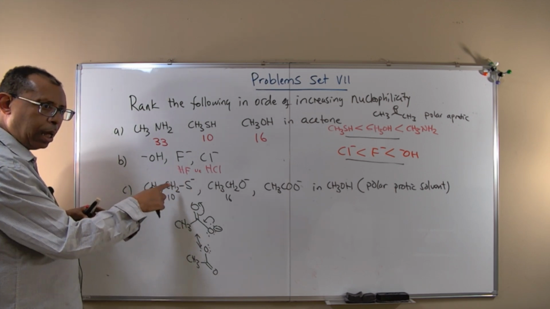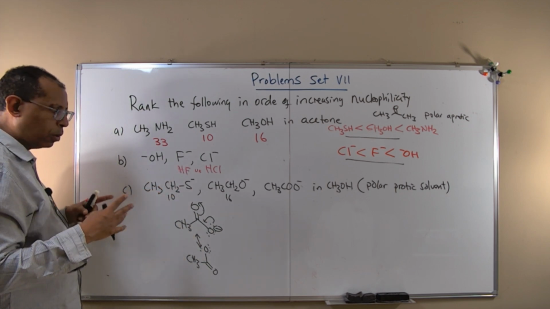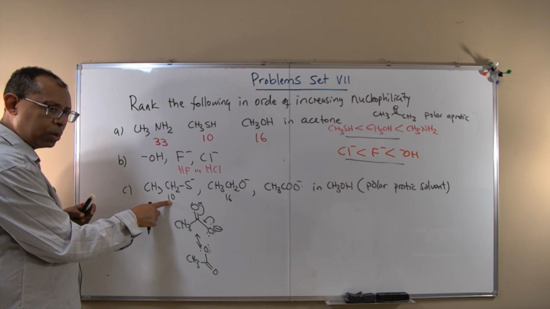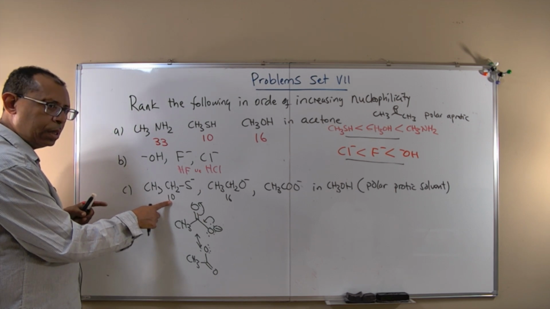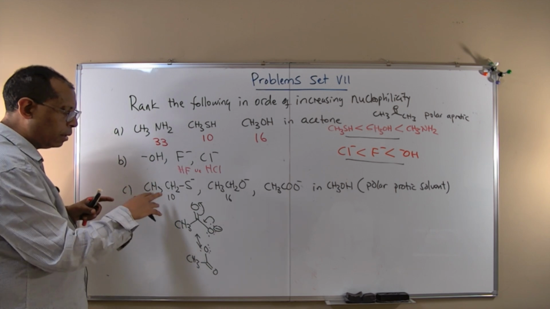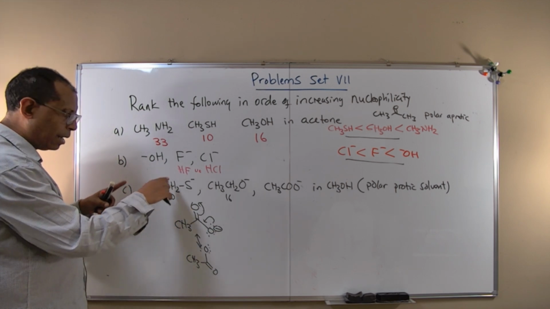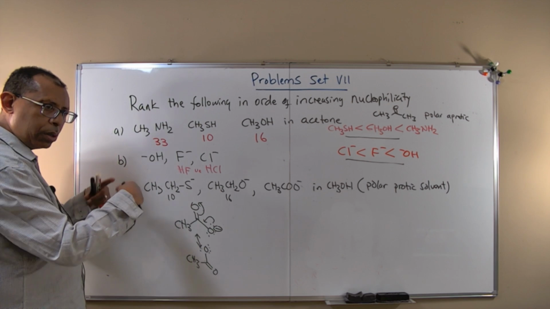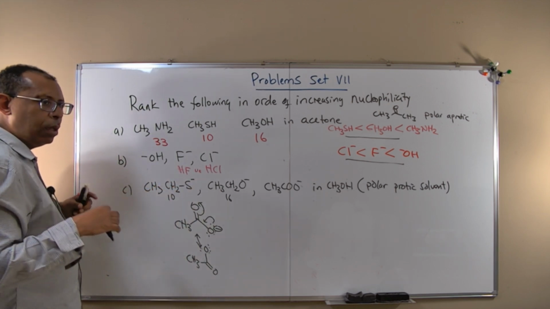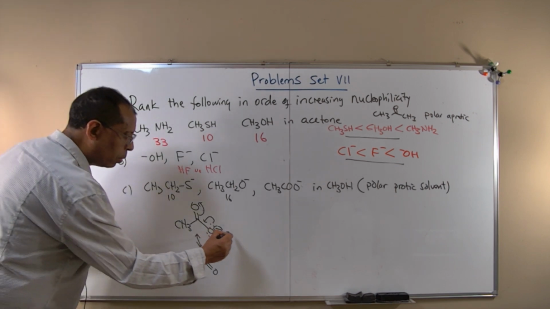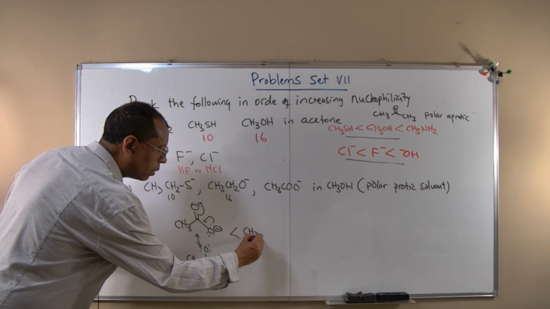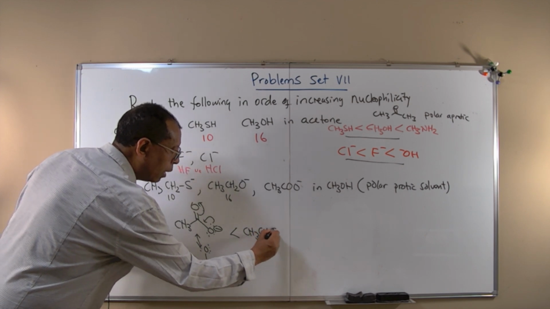Therefore, the sulfide would not be a strong nucleophile, because its pKa is about 10. That means it is not very acidic as an acid, but the conjugate base, which is what we see as a nucleophile, would be a weaker one. So it would be the next one. So it would be CH3CH2S minus.